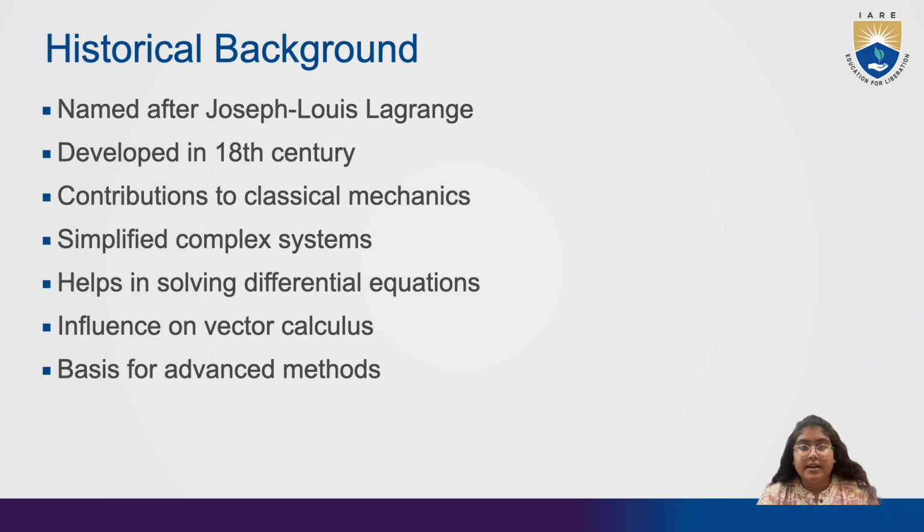The idea behind his linear equation was to create a standardized method for solving a class of partial differential equations that previously lacked a general application. Today, Lagrange's ideas still influence fields like vector calculus, optimization, and even areas of modern physics like quantum mechanics. It's fascinating to think that methods developed centuries ago continue to form the foundation for cutting edge research.